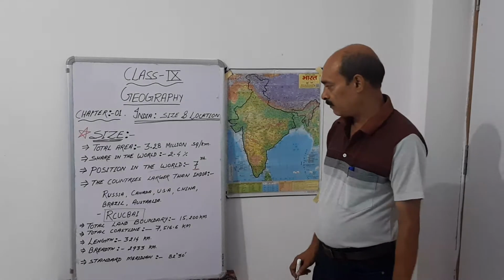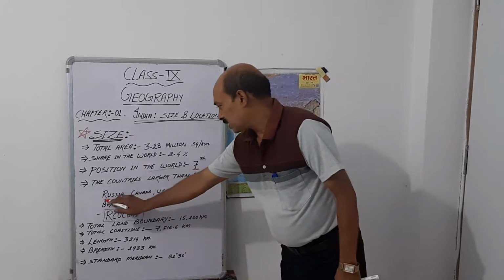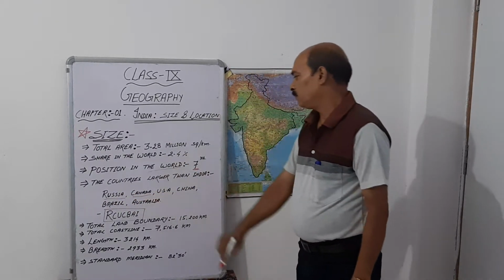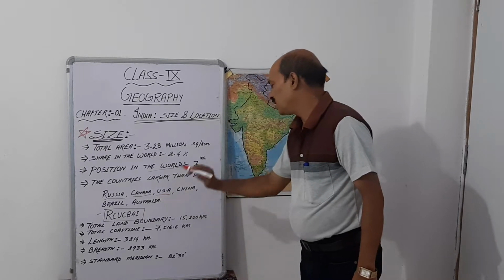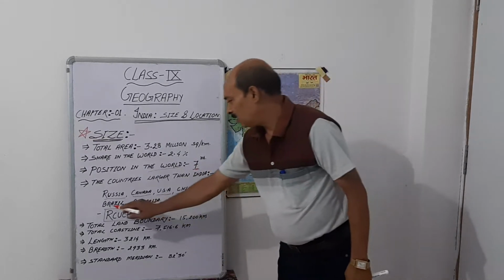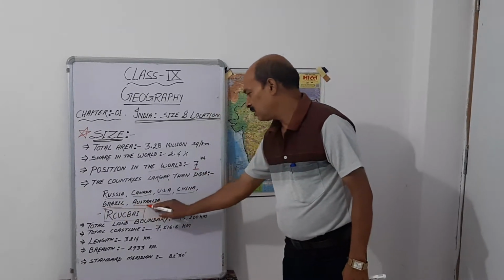Which are the countries larger than India? First is Russia, second Canada, third USA, fourth China, fifth Brazil, and sixth Australia.